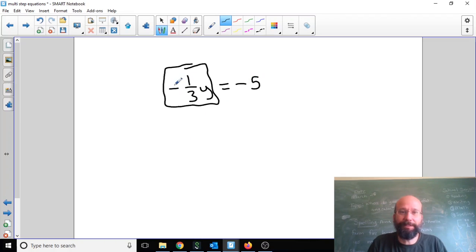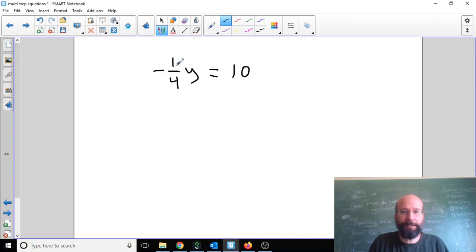Since it's negative, we want to take this negative over with it. So we want to multiply both sides by negative 3. This negative 3 times negative 1/3 will give us positive y equals negative 5 times negative 3, which is positive 15.